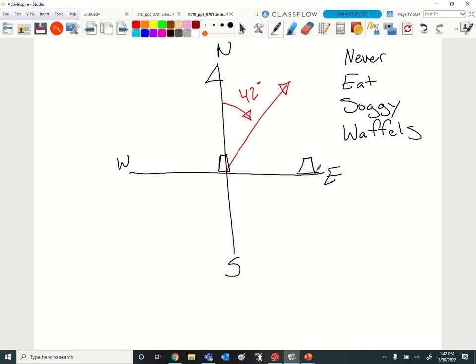Now from this tower here, what other information do we have? 15 degrees north, 15 degrees east. So in that case, from this other tower, it is 15 degrees east. So from here, it goes like this.